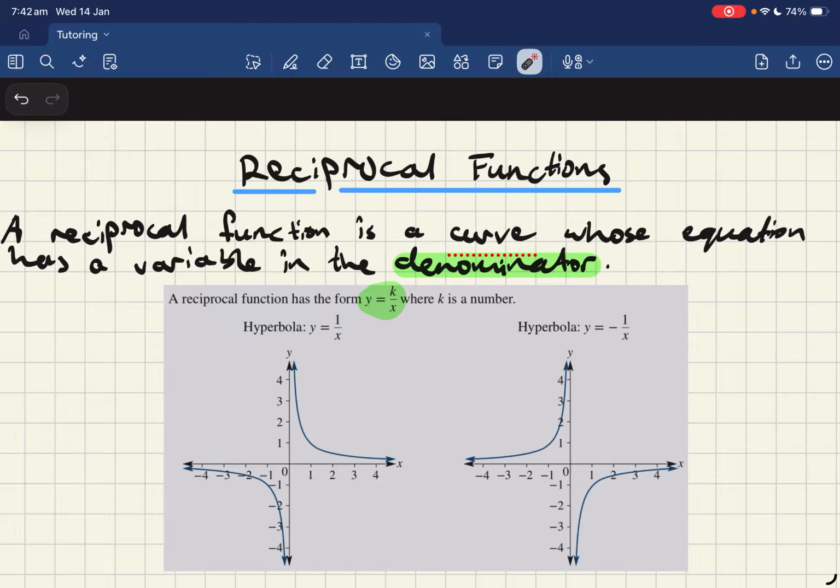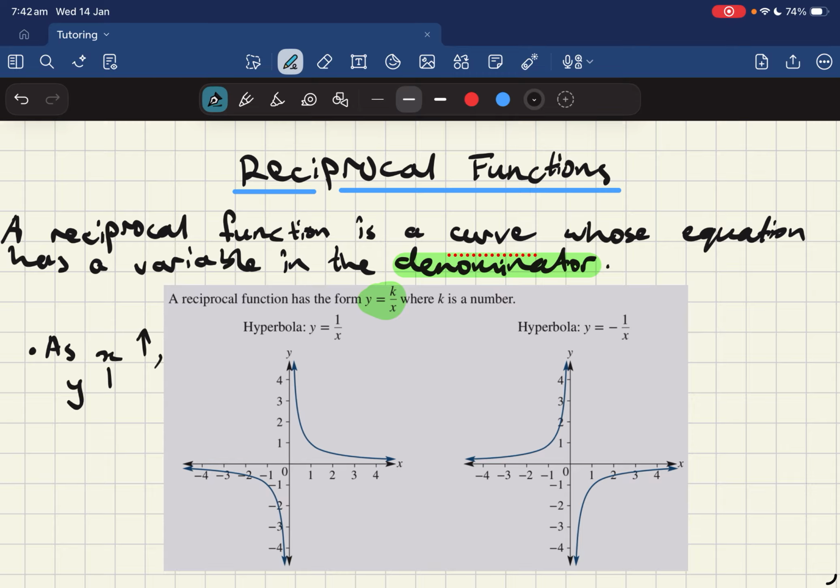So what that means is we get an asymptote along this x-axis. So as x gets bigger, y gets smaller. That's one thing we notice. As x gets bigger, y gets smaller. So there's a kind of opposite relationship happening here.